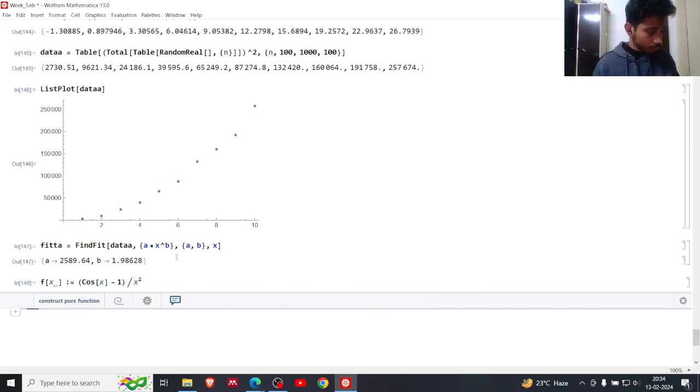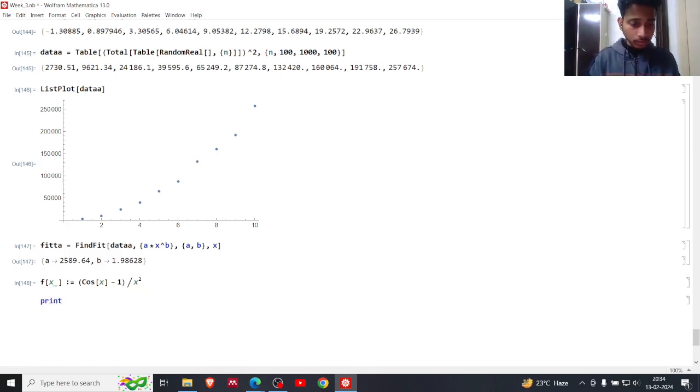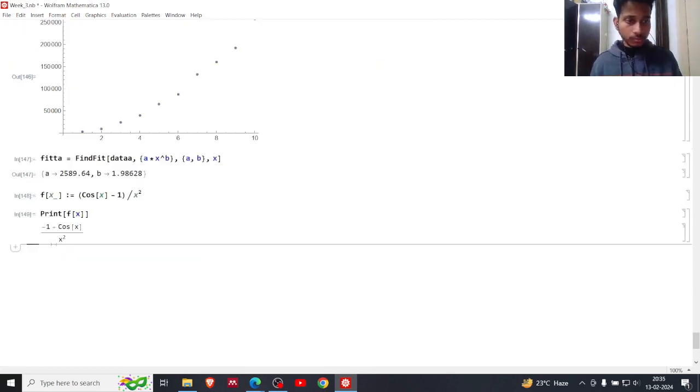So there is no output, but to see the output we have to print it, because only then is the f of x being executed.